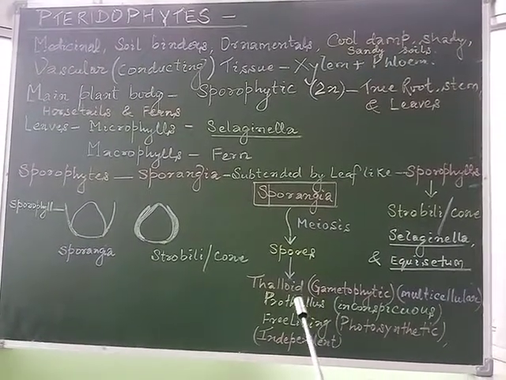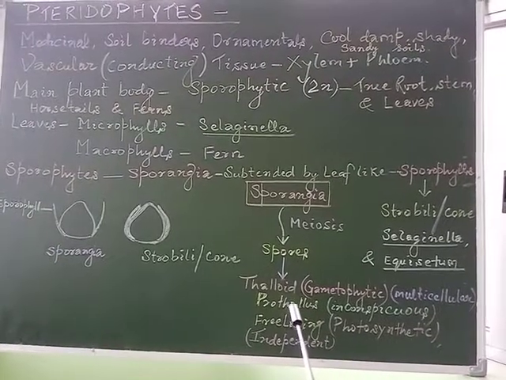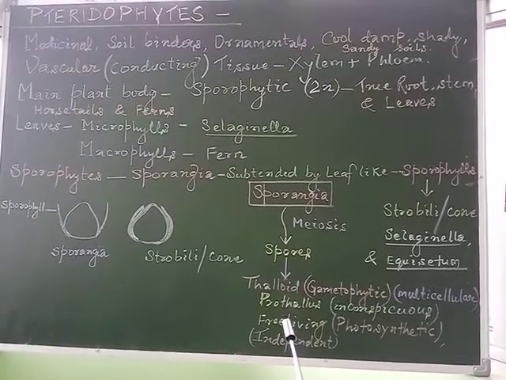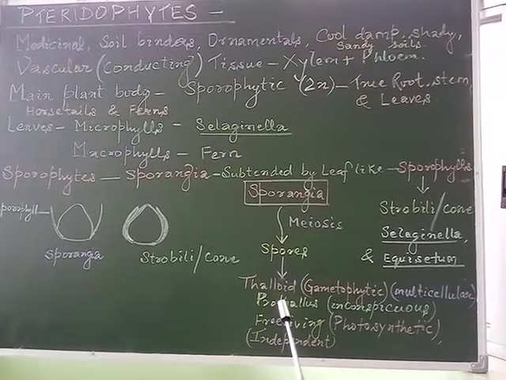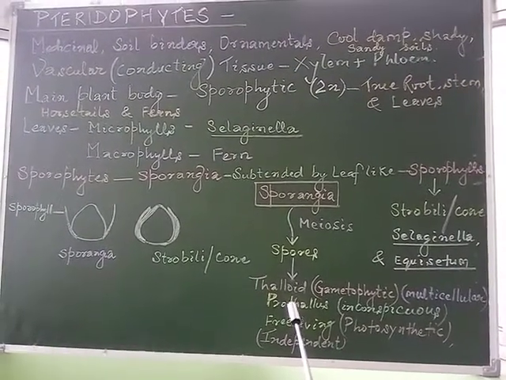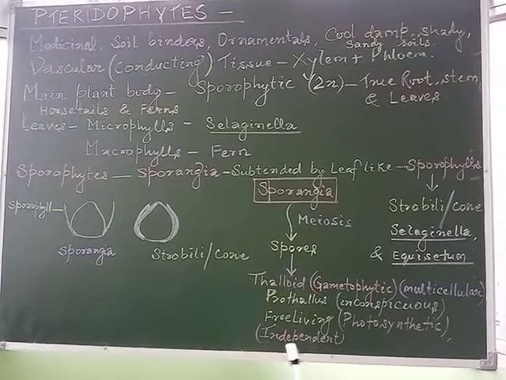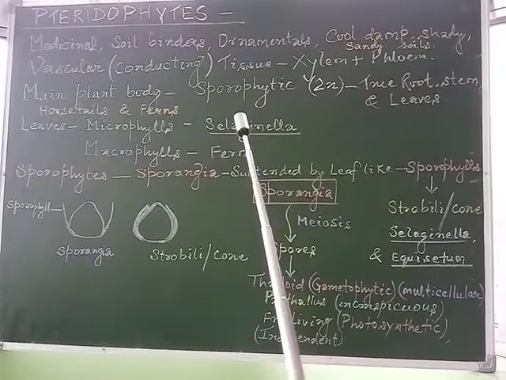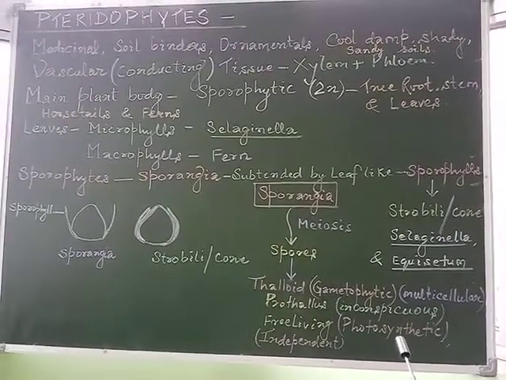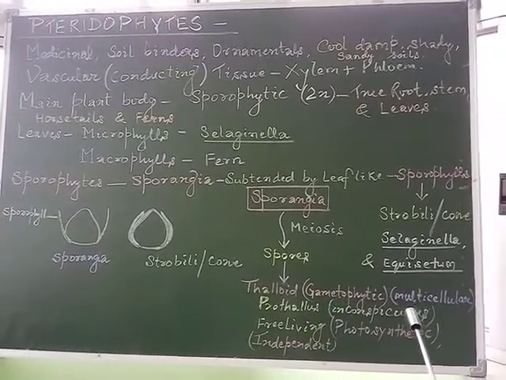As we discussed in the case of bryophytes, the main plant body was the gametophyte, upon which the sporophytes were dependent. But in this case, what do we observe? The gametophytes are independent of the sporophytes, meaning they are photosynthetic, free living, and multicellular.